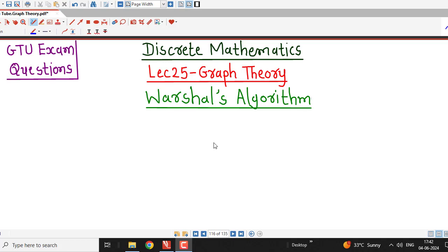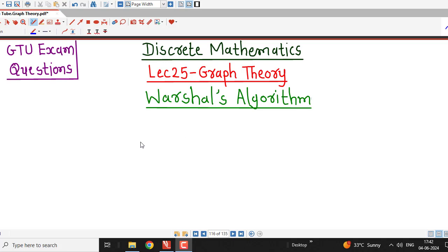And we require an understanding of the adjacency matrix also for Warshall's algorithm, because we are going to use the adjacency matrix to find out the path matrix in this algorithm. So you can watch my earlier lectures to understand adjacency and path matrix, and then go for this lecture.